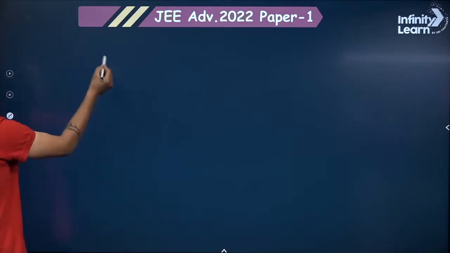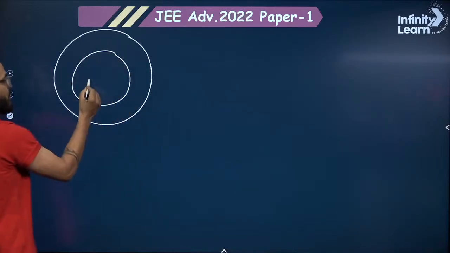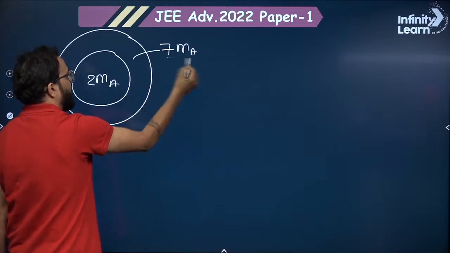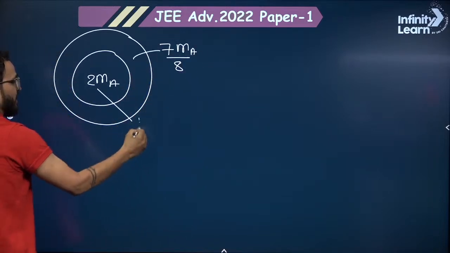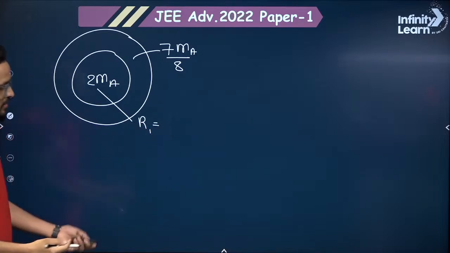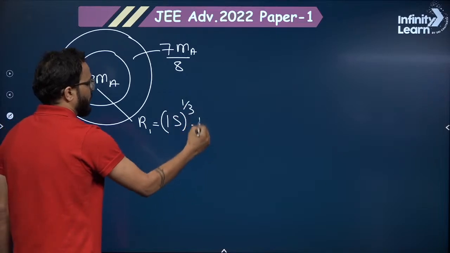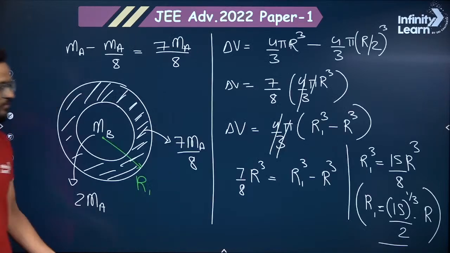For Vb, how much mass is there? 2 Ma plus 7 Ma by 8. What is this radius? r1, which is 15 to the power 1 by 3 into r by 2. Am I correct?